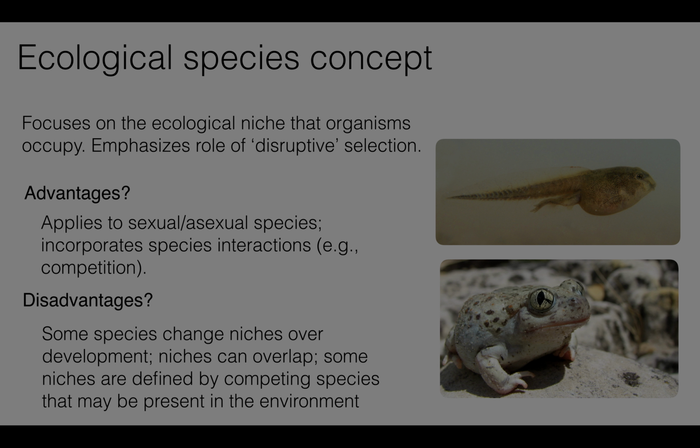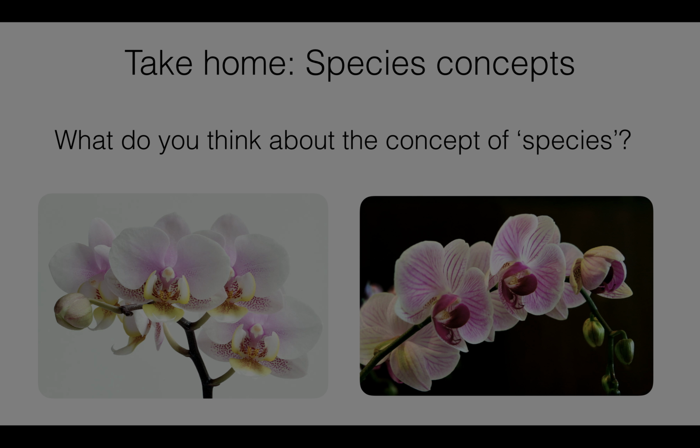Niches can also overlap, so it's hard to determine to what extent niches need to differ in order for things to be considered different species. And some niches are defined by competing species that may only be present in the environment. And so defining one species based on its relationship with another species can be somewhat problematic.